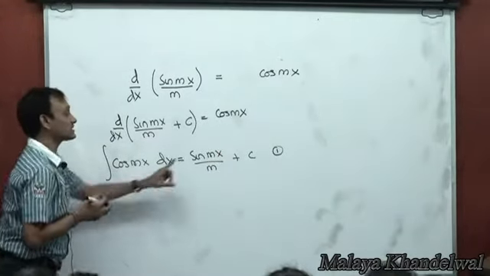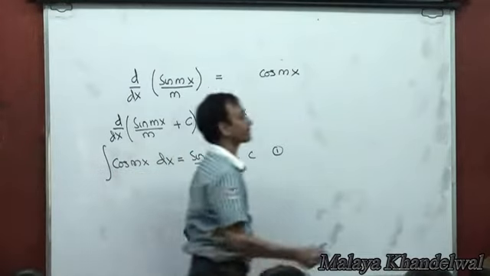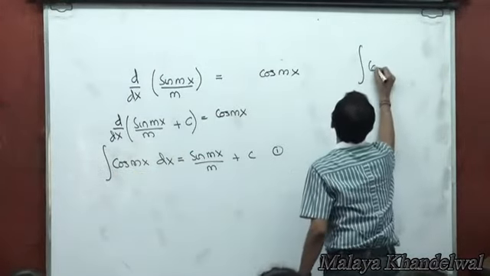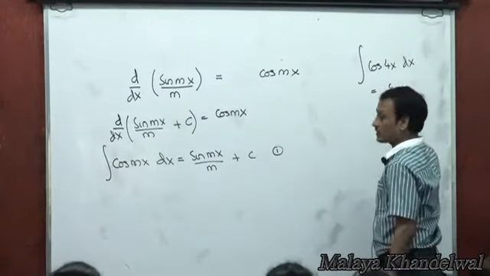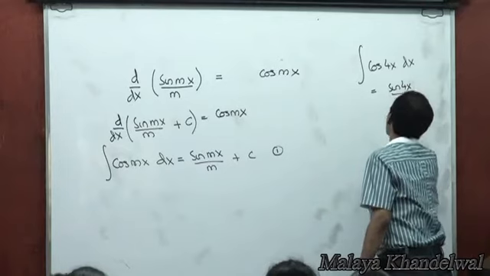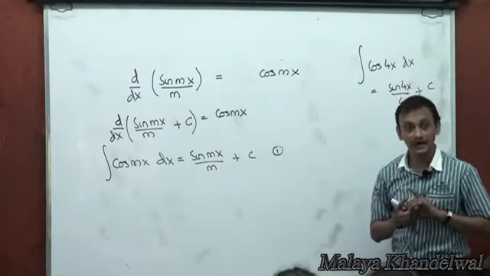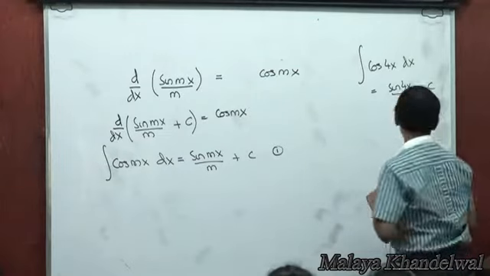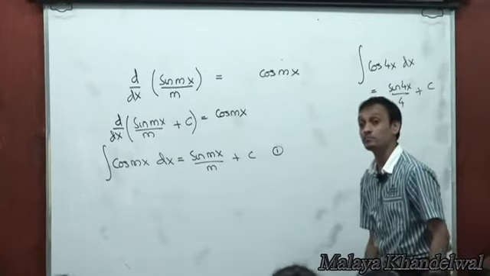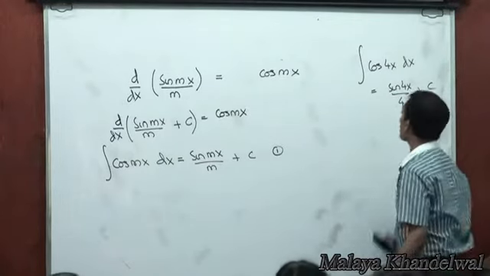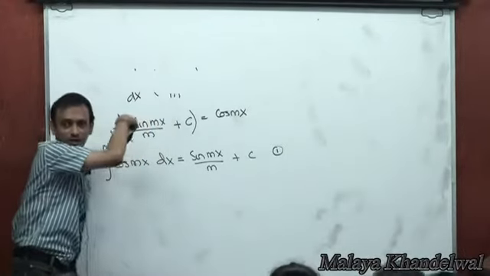Integral cos mx dx is sin mx by m plus c. So if I said integral cos 4x dx, what is it going to be? Sin 4x by 4 plus c. So that's result number 1. Integral cos mx is sin mx by m plus c. Similarly, I hope all of you are there with me on this.